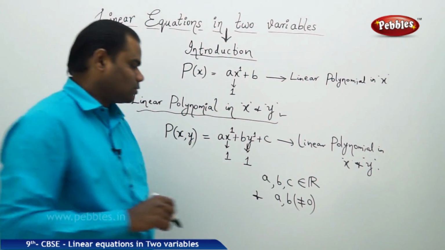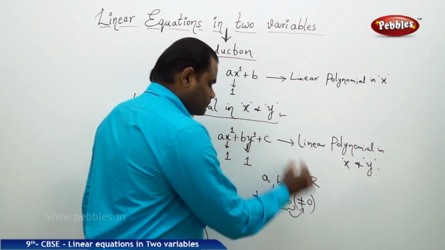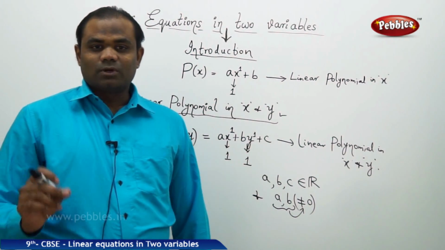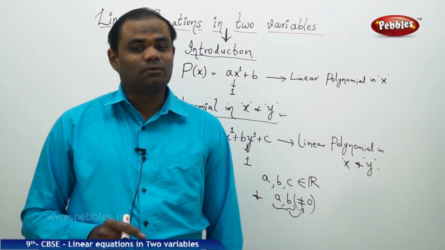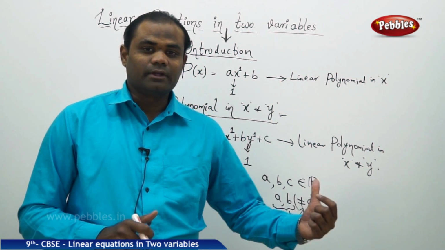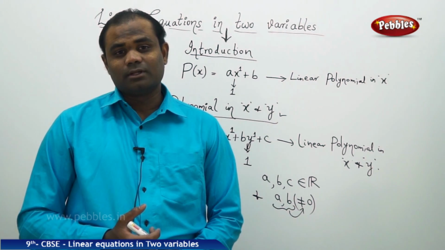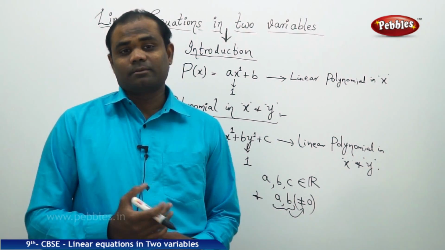They must be non-zero. a, b, c belong to R and a and b are non-zero real numbers is how I define the linear polynomial in two variables x and y.